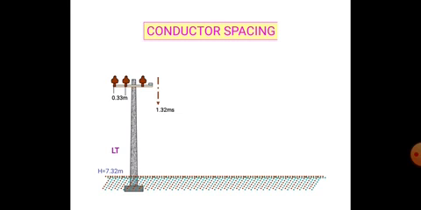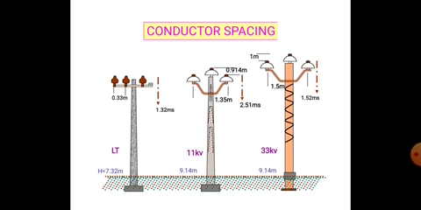Here are the conductor spacings of different voltages, that is, low tension voltages, 11 kV and 33 kV.